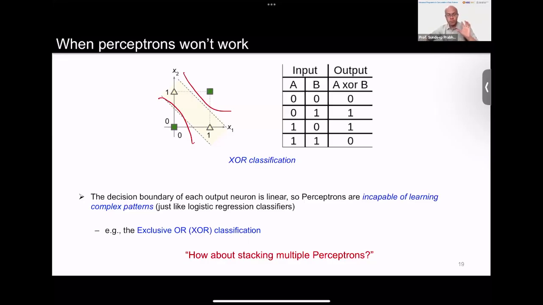Now, how do we achieve this, but still with the same philosophy that I would like to linearly combine my input data and apply a non-linearity? I don't want to introduce any new heuristic, but still use the concept of an artificial neuron inspired by a biological neuron, which is a linear combination plus a bias and a non-linearity. With that, I would like to achieve a complex decision boundary that goes beyond linear separability.